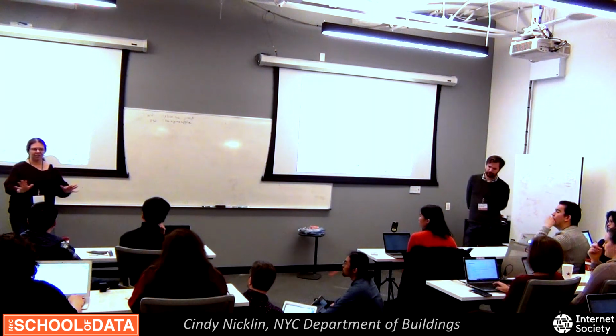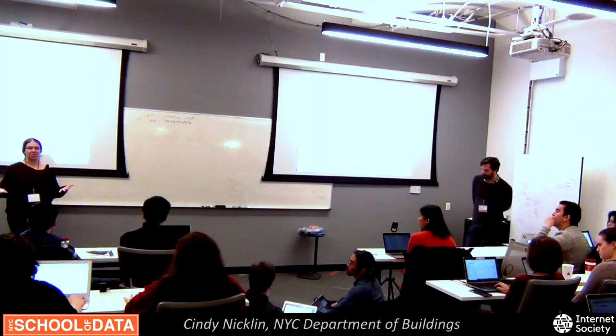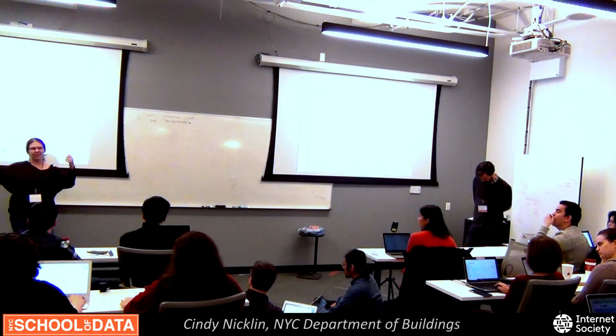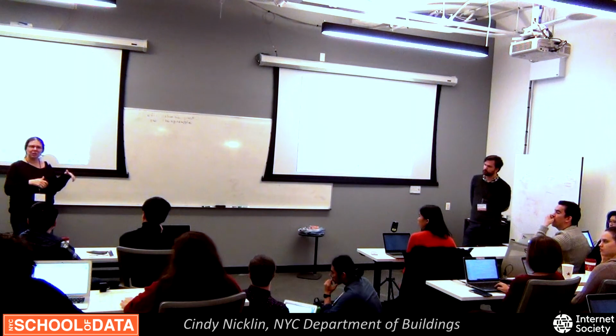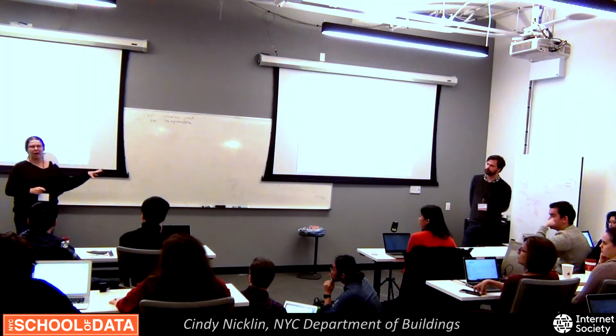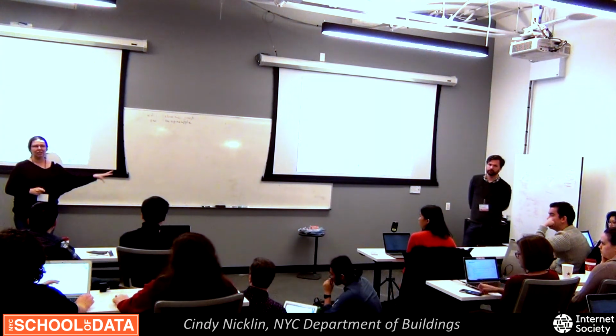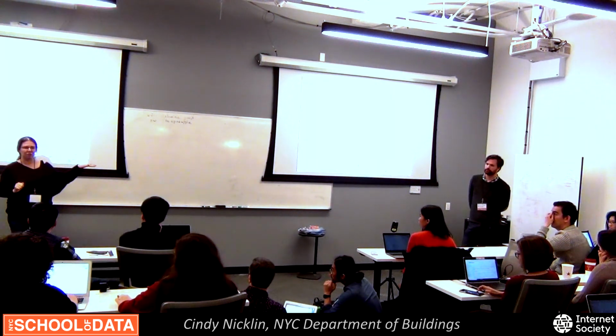So here's a concrete example. A construction professional comes and they have an existing building that they're going to demolish. They want to build a new building on that lot, but they're not going to tear down that existing building until they know that the Department of Buildings approves their application for the new building, because they're making money on this building. They don't want to destroy it until they know they can build that new building.